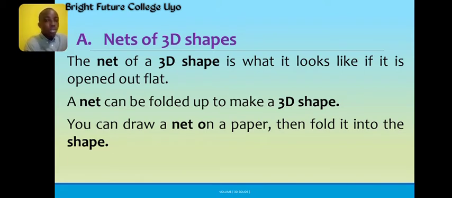Now I would like you to go to page 230 of your textbook. You will see the nets. Because of the limitation of this space, I can't put them up here for you, but it's inside your textbook. You go to page 230, you will see about 10 of them.